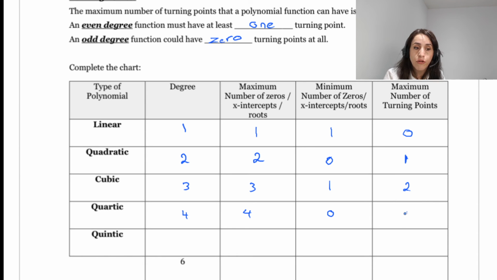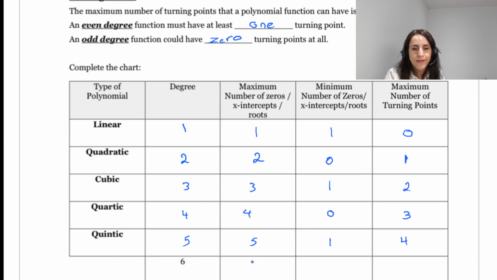Maximum of turning points, because the quartic has degree 4, 1 less is going to be 3. Quintic function, degree 5. The maximum number of zeros is going to be 5. The minimum, because the degree is odd, at least it has to pass the x-axis once. The maximum number of turning points, 4.